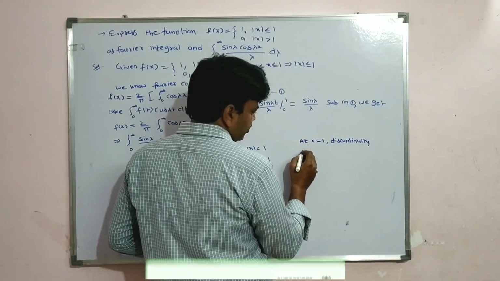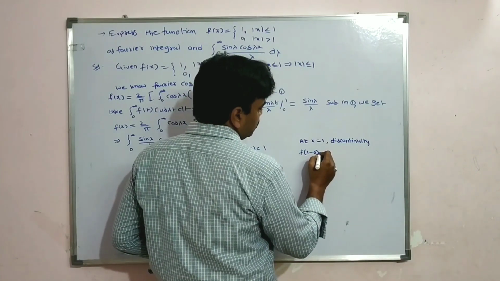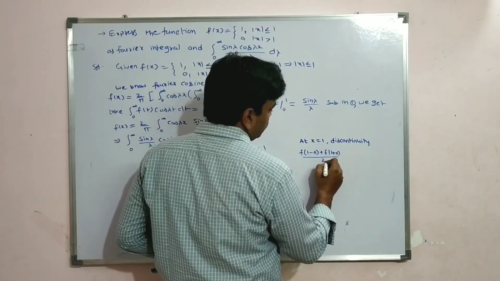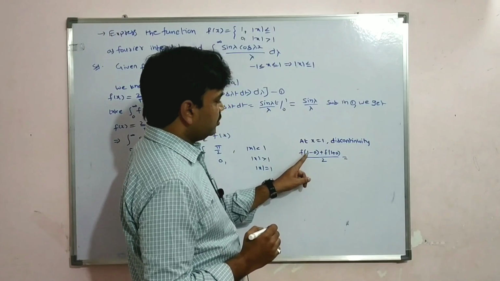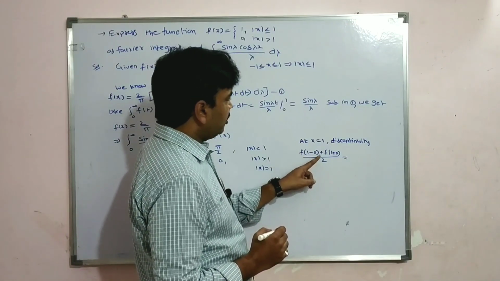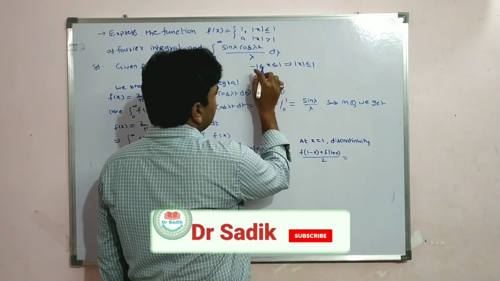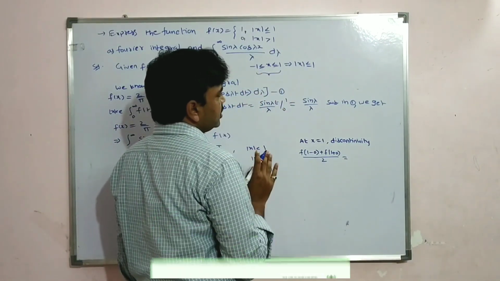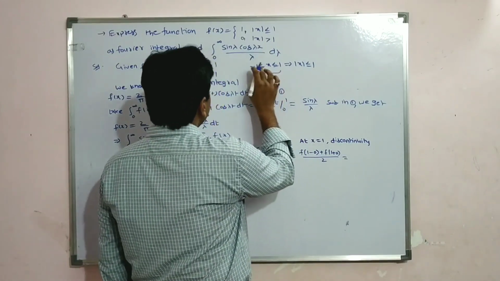Whenever there is a discontinuity, we have a formula, students: f of 1 minus 0 plus f of 1 plus 0, divided by 2. That is equal to f of 1 minus. Here minus 1 less than or equal to x less than or equal to 1 means the x value between minus 1 to 1, the value is 1.